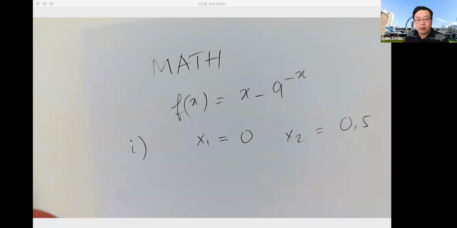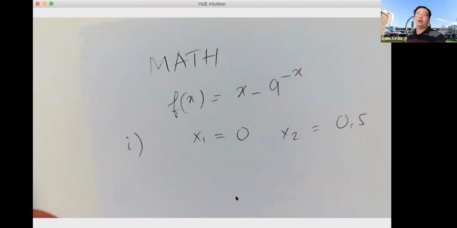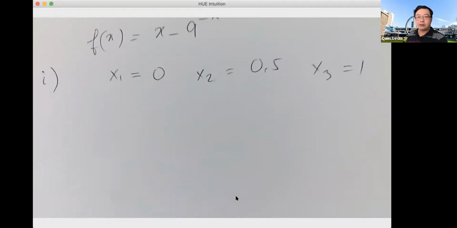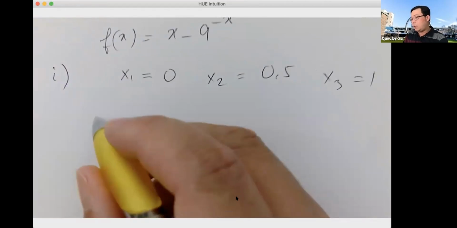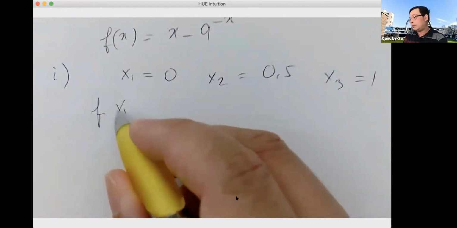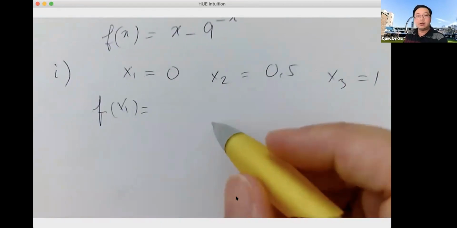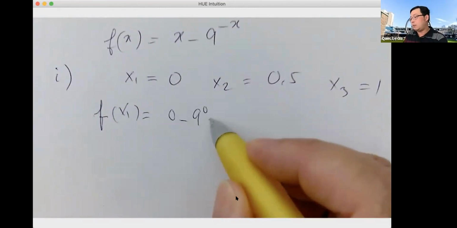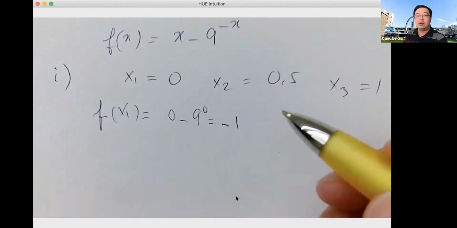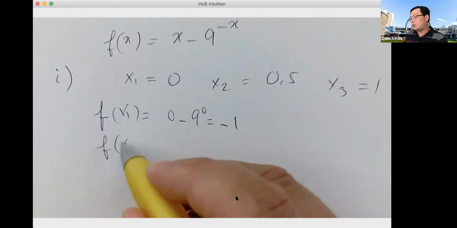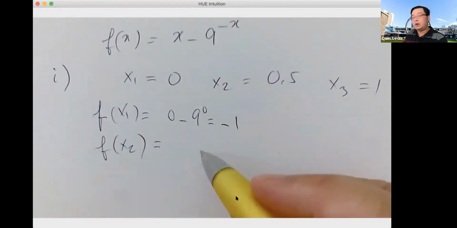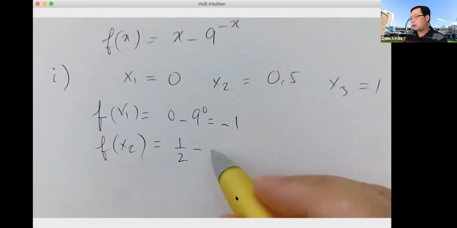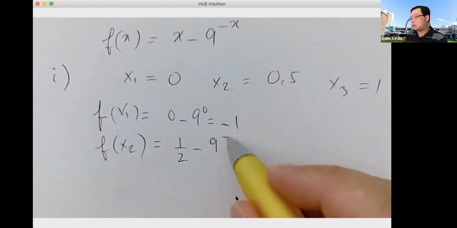So what are the values of f at those points? You can see that f of x1 is just f of 0, right? So it's just 0 minus 9 to the 0, which is minus 1. And then f of x2 is 1/2 minus 9 to the minus 1/2.